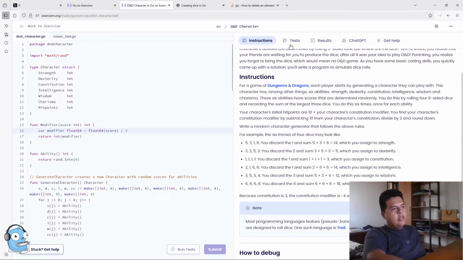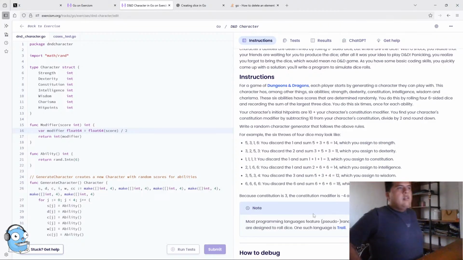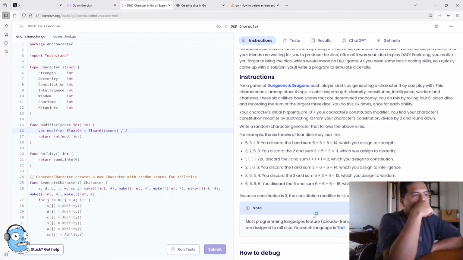Okay, that means that if it's 3, the constitution modifier will be -4 and the hit points are 6. Okay.